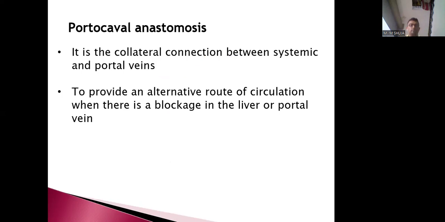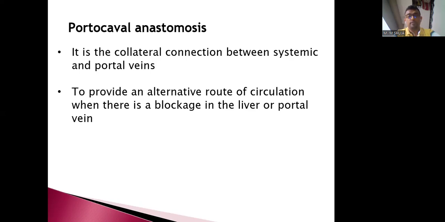Then the other thing is called portocaval anastomosis. You will be studying this in detail in anatomy, but just know what it is. It is the collateral connection between systemic and portal veins. So why do you need portocaval anastomosis?